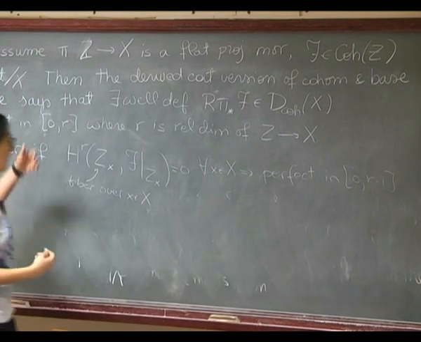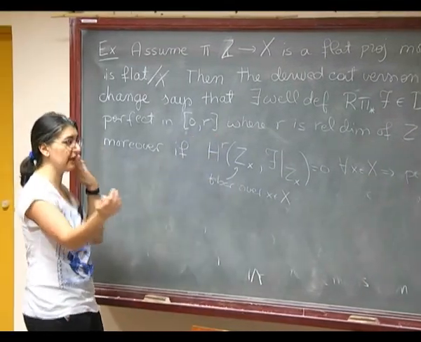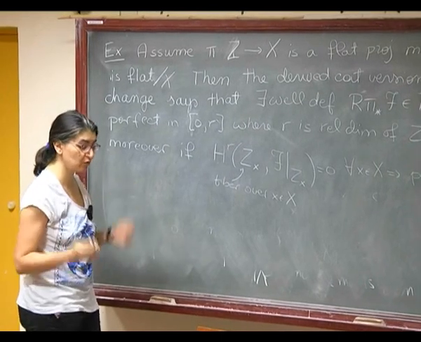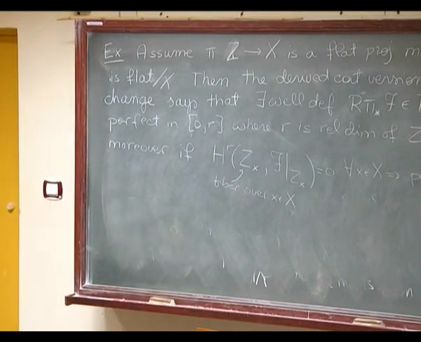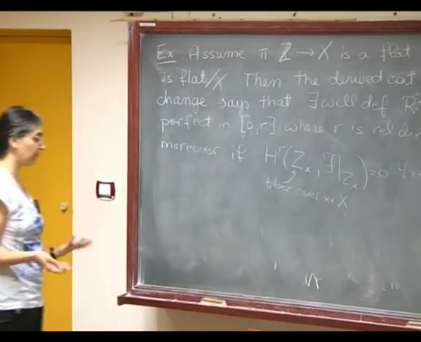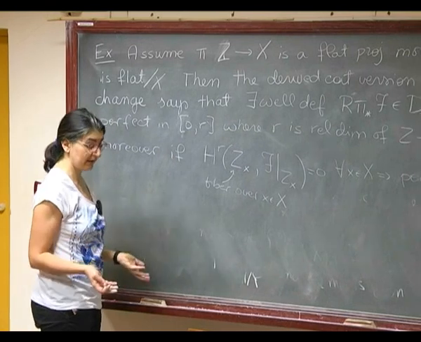And so on. If I know that H^(R-1) is also 0, then it's perfect in [0,R-2], and so on. So it is not terribly difficult to find perfect complexes so long as things are flat.